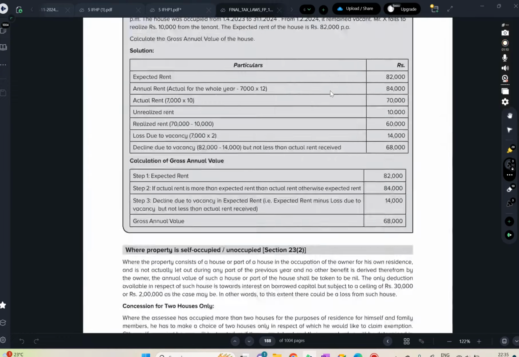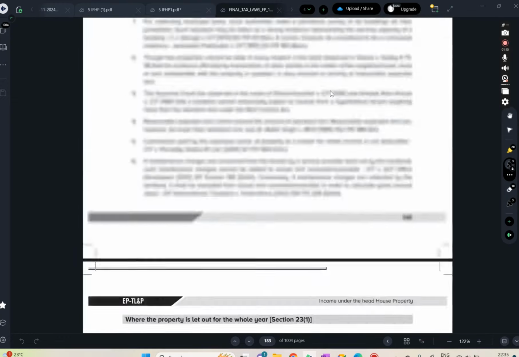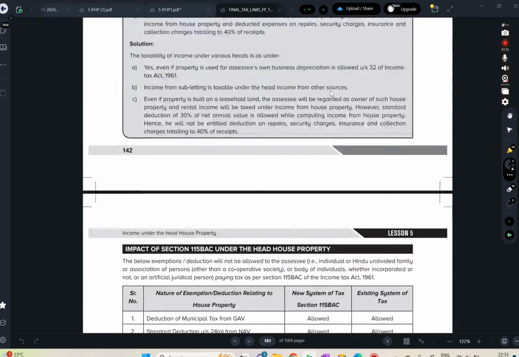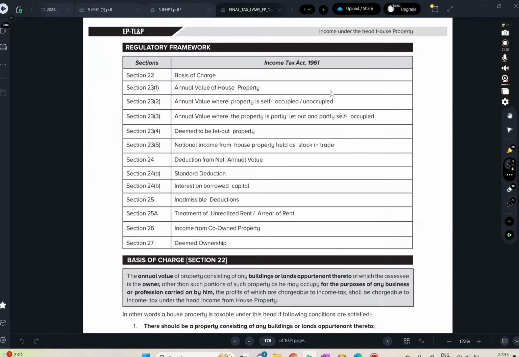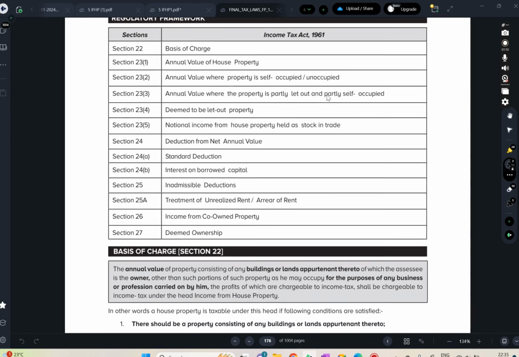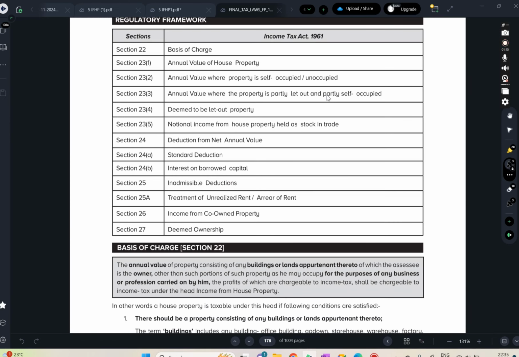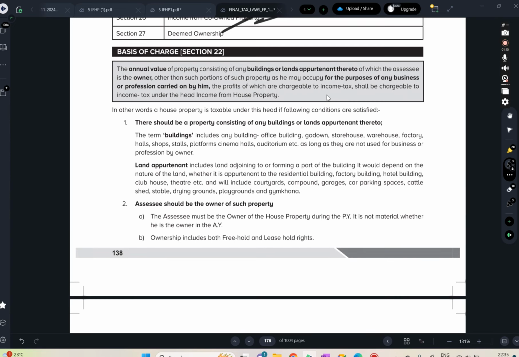Let me just tick everything we have done in this. Charging section 22, 23, right? Self-occupied, unoccupied, pretty much everything is done. But let me show you here also.